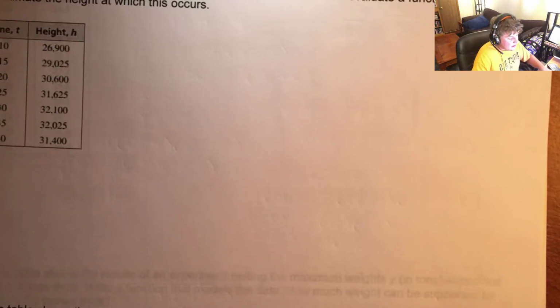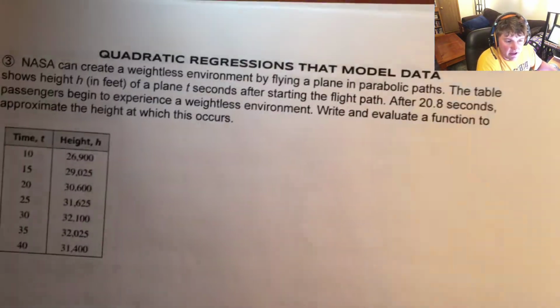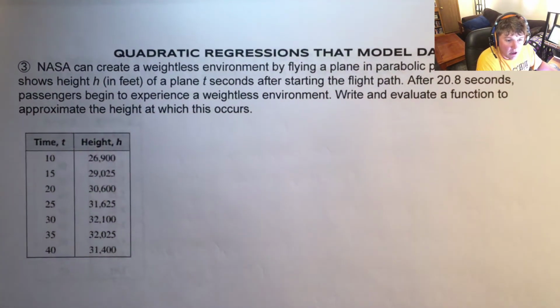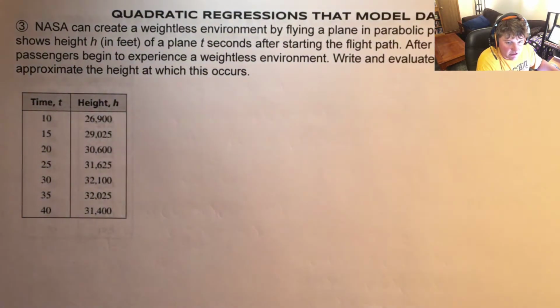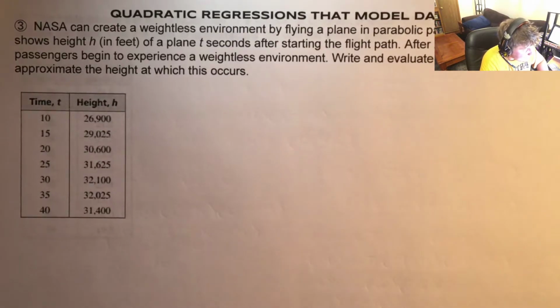What we are going to do now is use the calculator to get a model for this. Here we have: NASA can create a weightless environment by flying a plane in parabolic paths. The table shows the height h of the plane t seconds after the starting path.